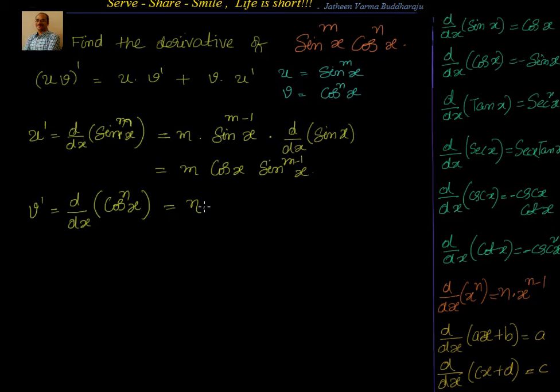So I get n into cos to the power of n minus 1 x. Now we should find the derivative of cos x, because the variable we are treating as a variable is itself a function. The derivative of cos x is minus sin x, so it becomes minus n sin x into cos to the power of n minus 1 x.